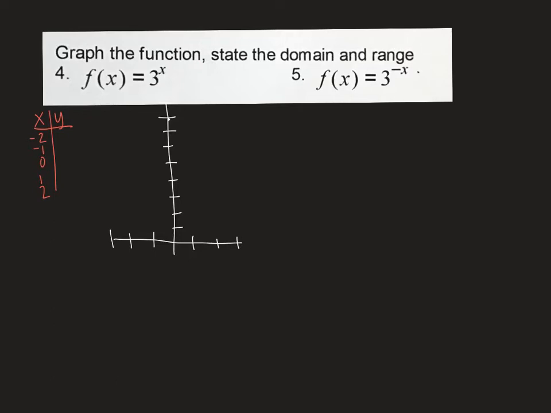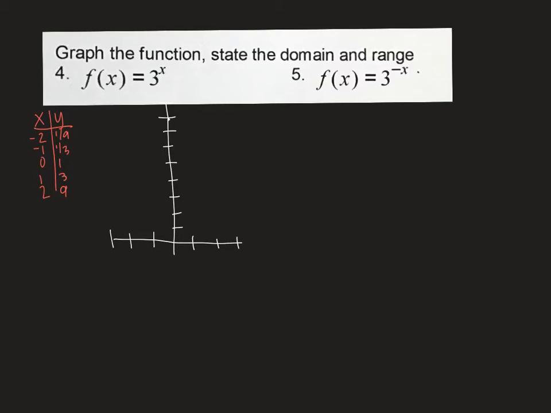If we plug negative 2 in for x, we did that on number 1, and we ended up with 1/9. If we plug in negative 1 for x, we're going to get 1/3. If we plug in 0, we get 1. If we plug in 1, we get 3. And if we plug in 2, we get 9.